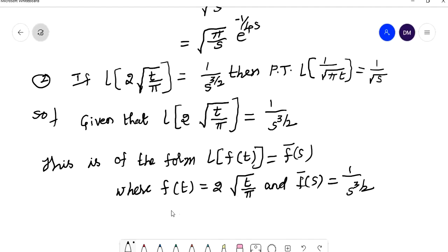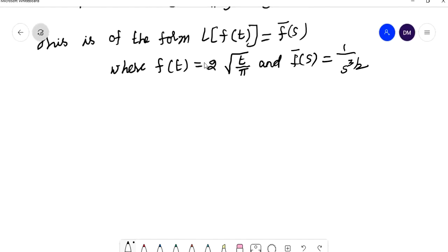Now I can find the derivative of f of t here. So f dash of t is equal to, 2 is a constant, in the denominator root pi is a constant, right. Now what is the derivative of root t? Root t derivative is 1 by 2 into t power 1 by 2 minus 1.